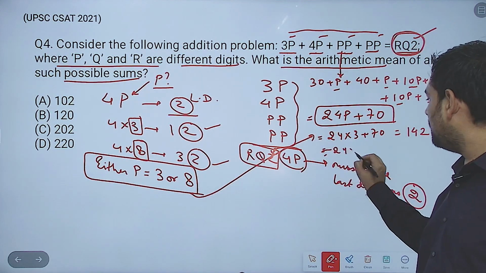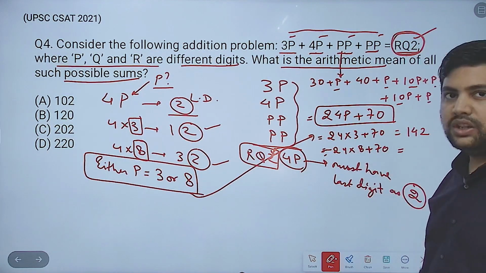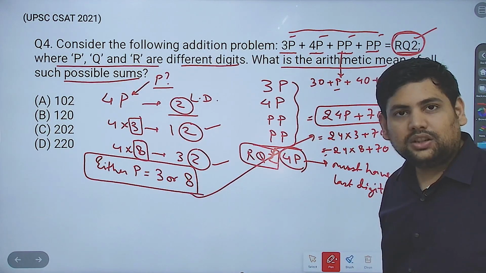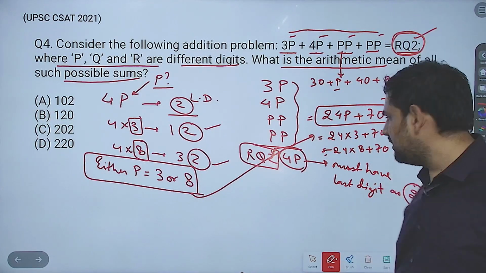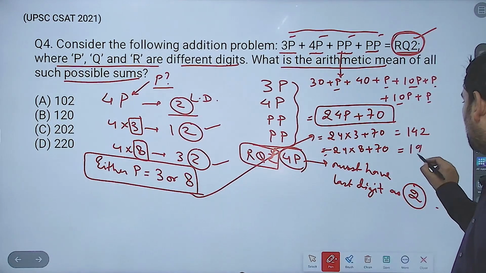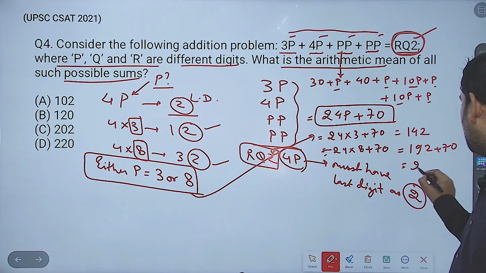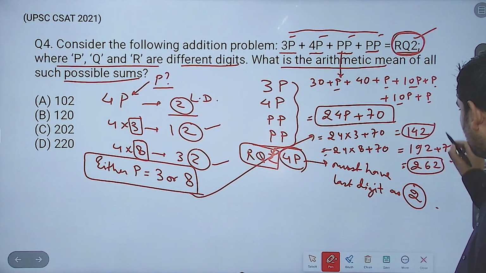Then next is 24 into 8 plus 70. 25 into 8 is 200, minus 8 gives 192. So 192 plus 70 comes out to be 262. So you got 142 and 262 as the two values.